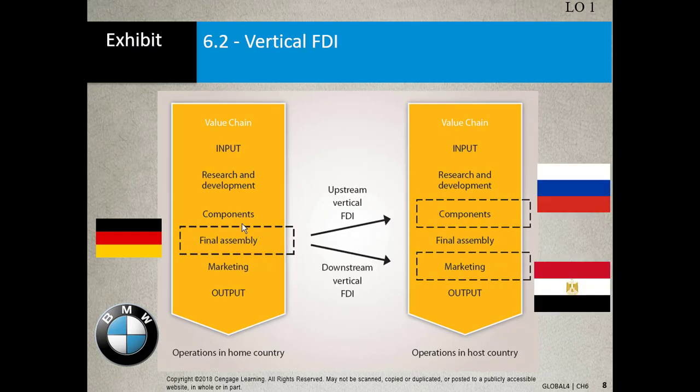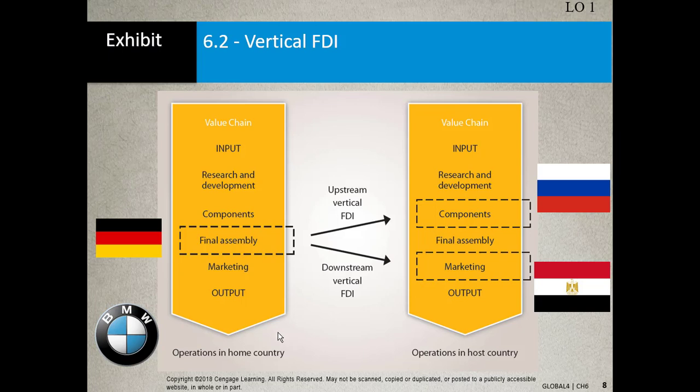Same format. We still have BMW, Germany, final assembly, but we're doing things a little bit differently. We're getting our components from Russia, and in this case, that would be an example of upstream vertical FDI. For downstream, we have dealerships in Egypt, so that would be an example of downstream vertical FDI.